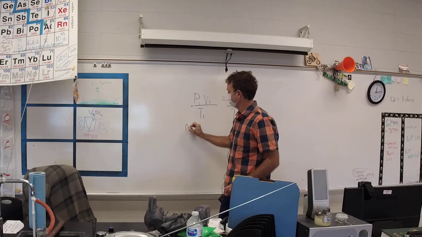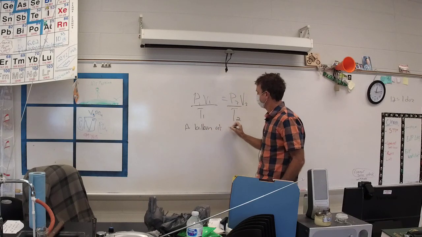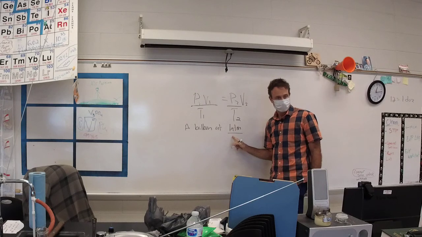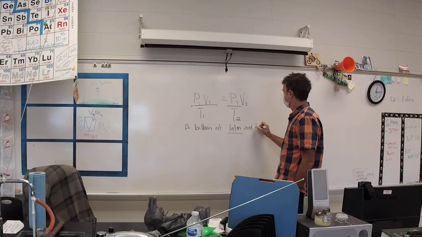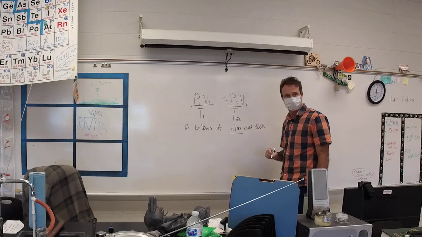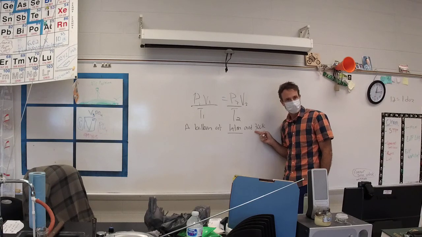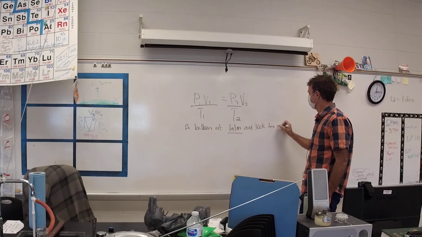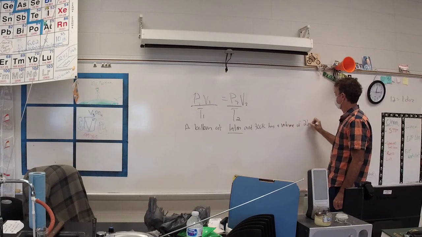See, a balloon at 1 atmosphere, and this is a measurement of pressure that you'll learn on an ed puzzle, and 300 degrees Kelvin, that's just a little bit hotter than it is in the room, okay? A balloon at 1 atmosphere and 300 degrees Kelvin has a volume of 20 liters, all right?